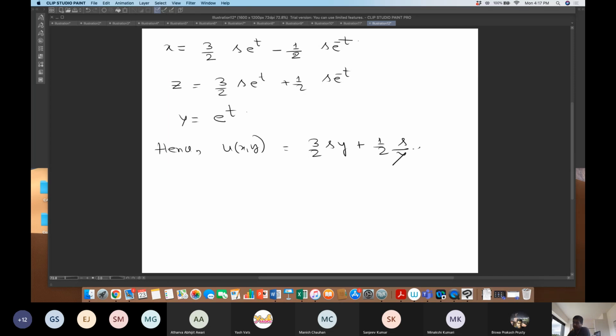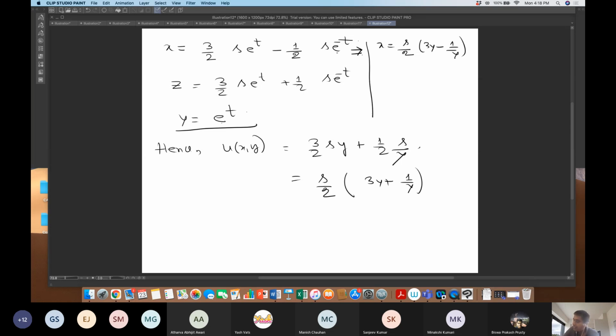Okay. If you compute, you will get that this will be s by 2. You can take s by 2 common: 3y plus 1 by y. You know what is y, because we want everything in y. And what is s? s you can compute like that. x equal to s by 2 times (3y minus 1 by y) from here, because e to the power t is y.